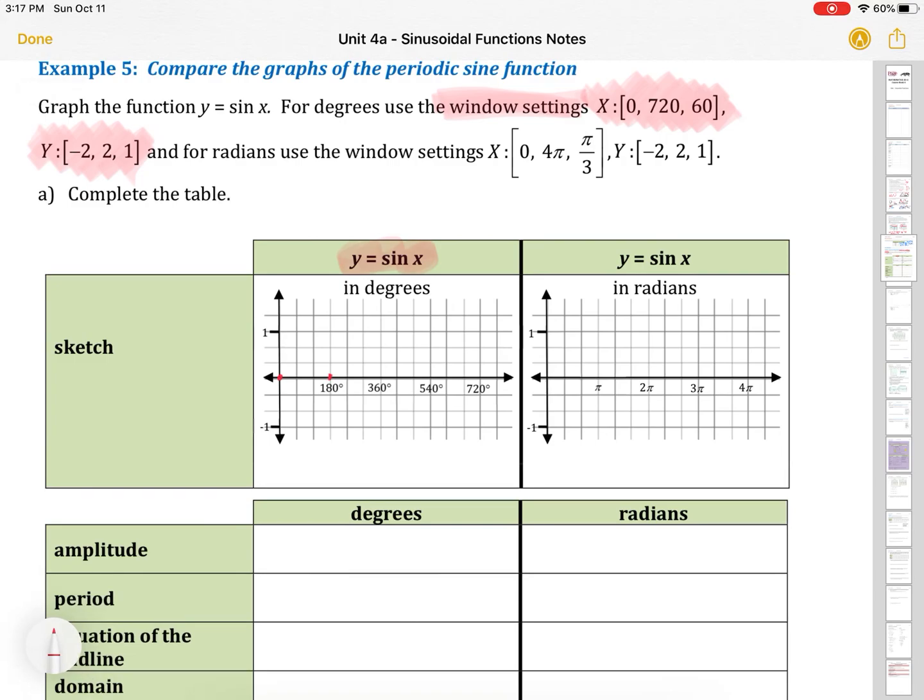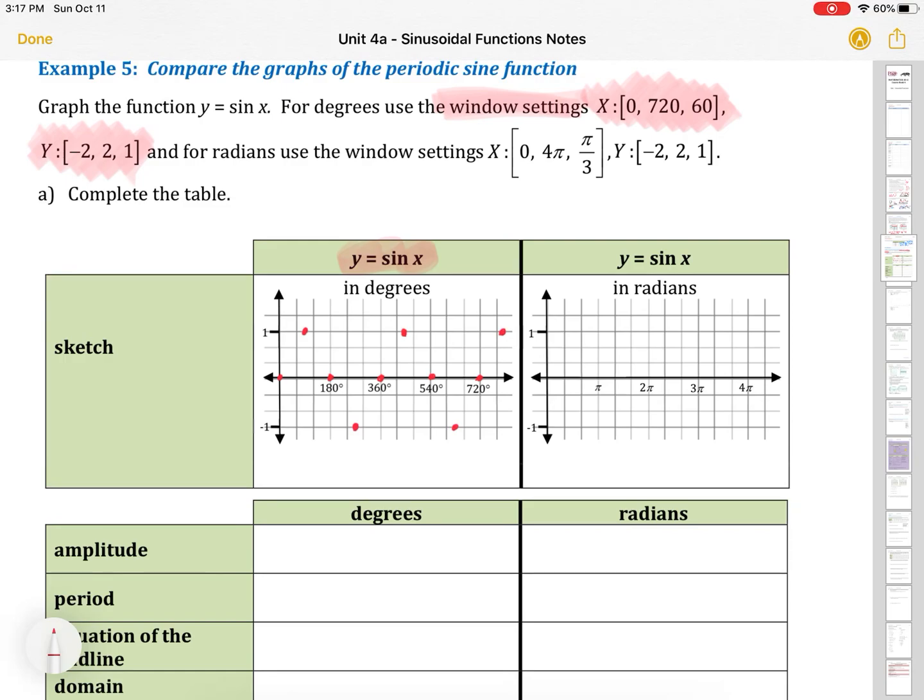It crosses at 180, and it crosses at 360, 540, and 720. My amplitude is 1, and it's halfway between there and there: -1, 1, -1, 1.